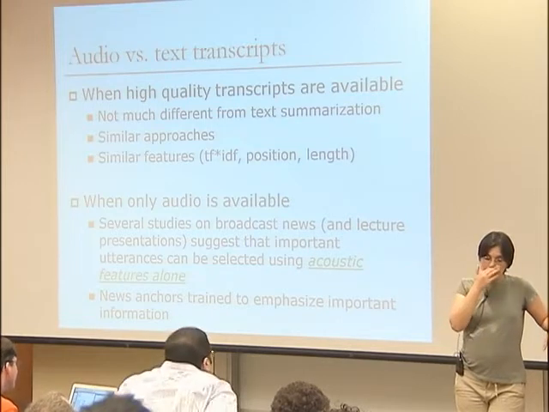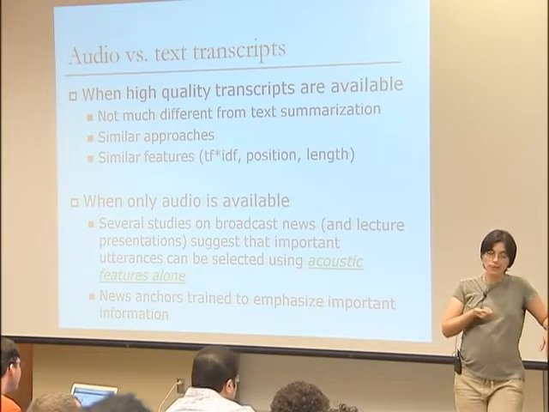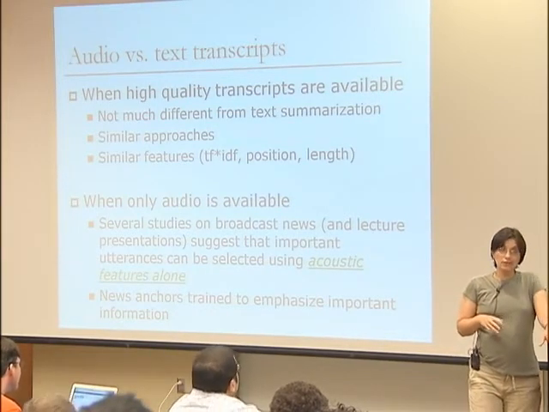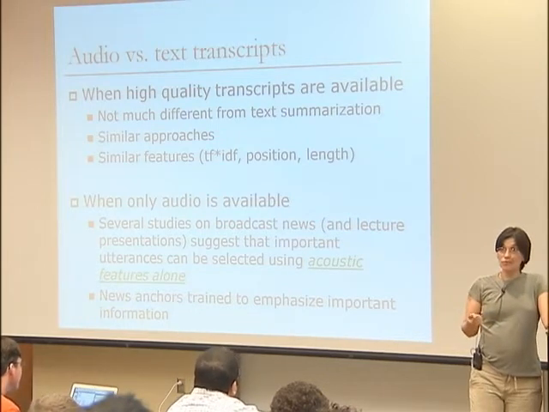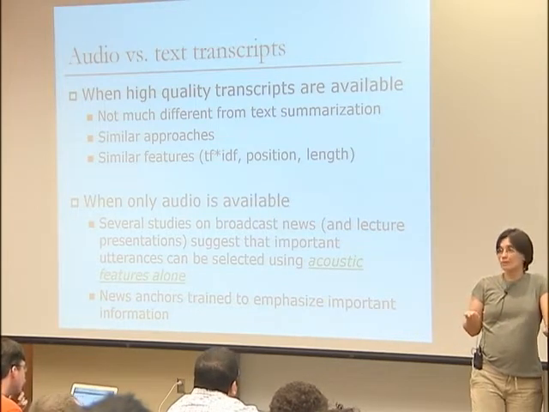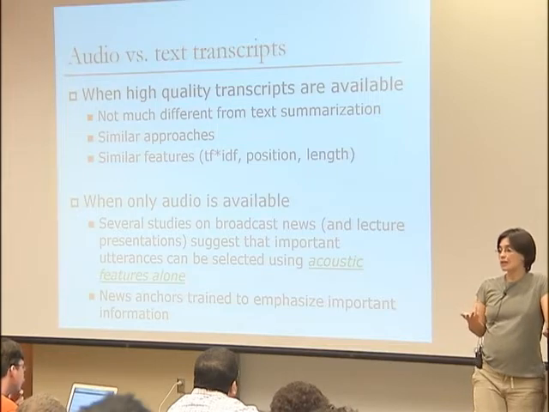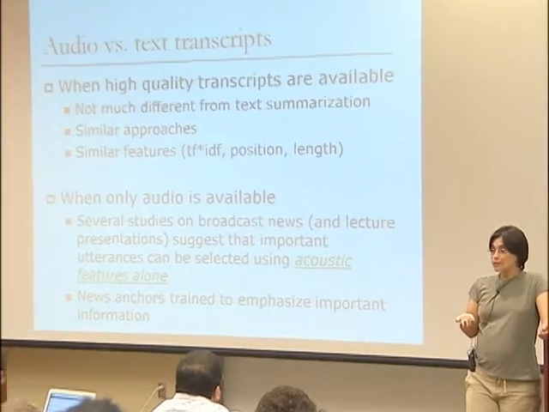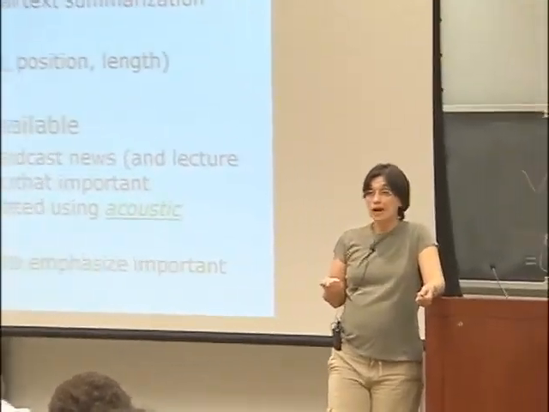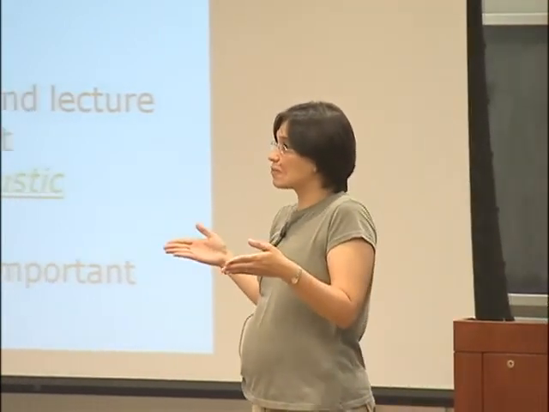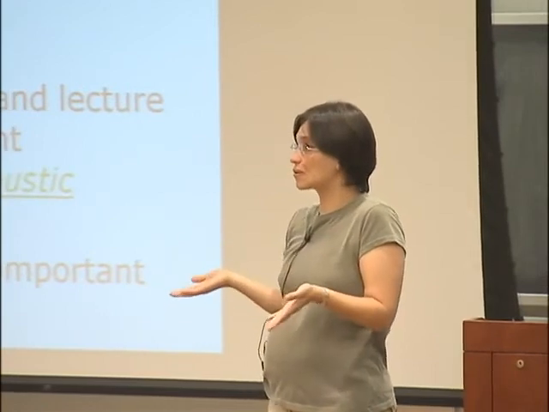One of the explanations is that this works specifically well for read news, because news anchors, when they read the news, are trained to emphasize what is important. So by tracking the changes in their voice, trying to detect emphasis, you find these regions of importance, and it has nothing to do with words or counting.